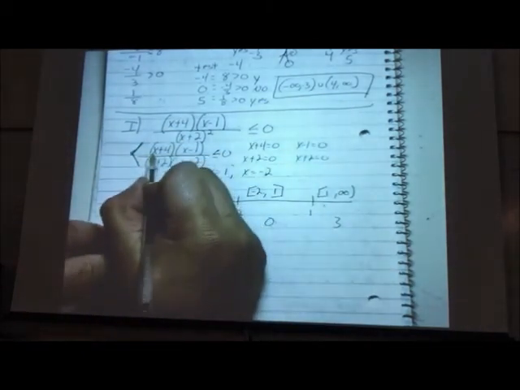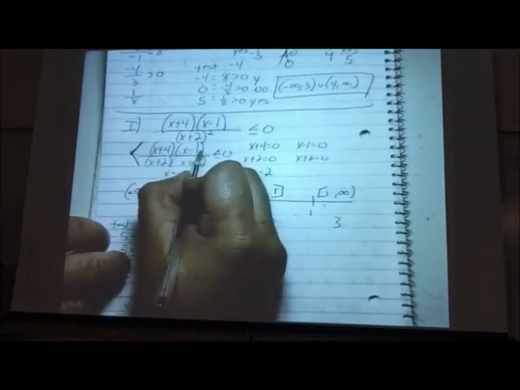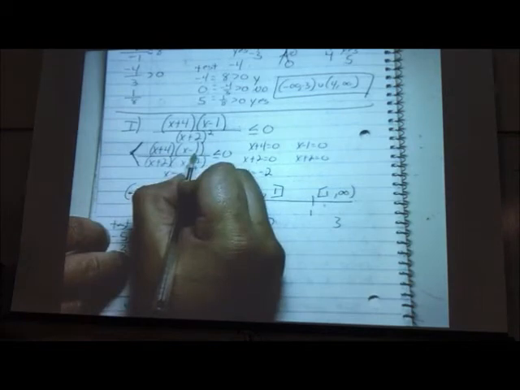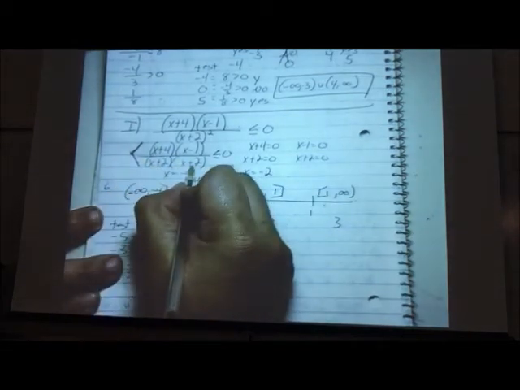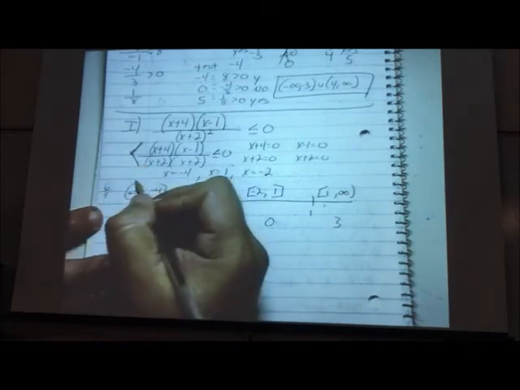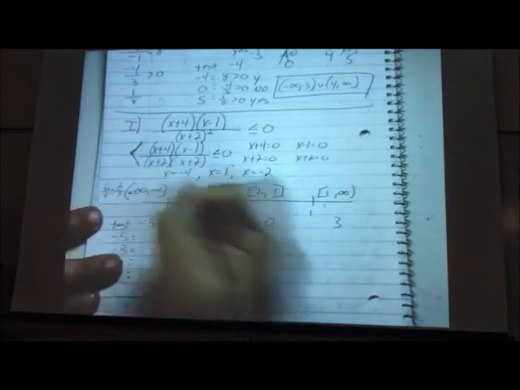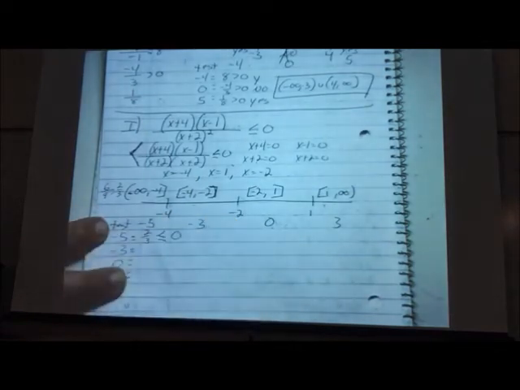Negative 5 plus 4 and negative 5 minus 1 gives me a negative 1 and a negative 6. Negative 1 times negative 6 is positive 6. And a negative 3 times a negative 3 is a positive 9. 6 over 9 comes out to 2/3. Is 2 over 3 less than or equal to 0? No, it's not.